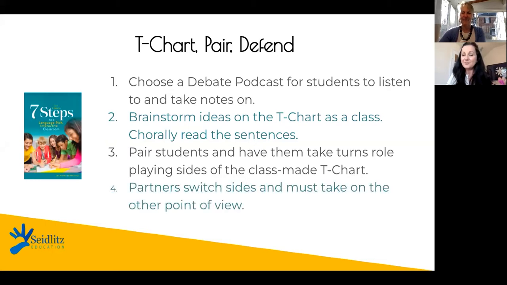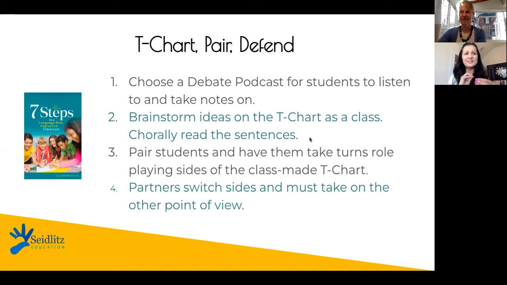After we've created our T-chart over the podcast that we've listened to, we are going to pair up, and students are going to take a side. They are going to choose a side from our T-chart, and they're going to communicate with one another about the podcast we listened to.